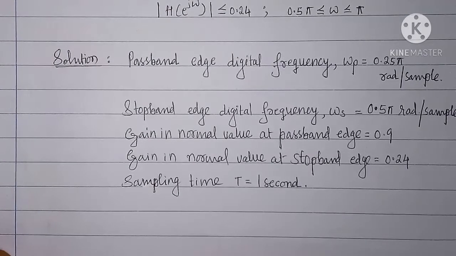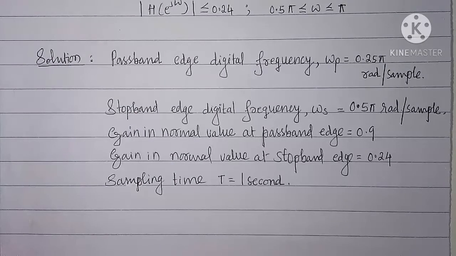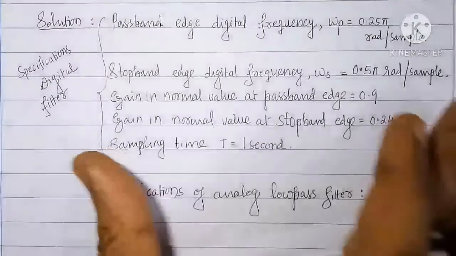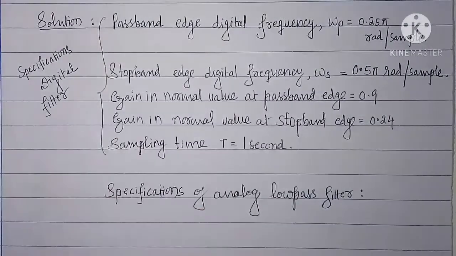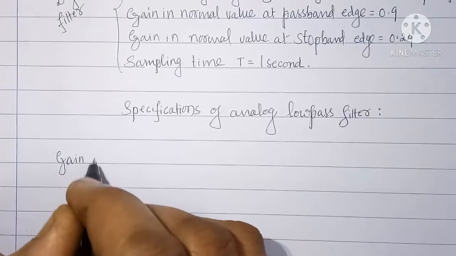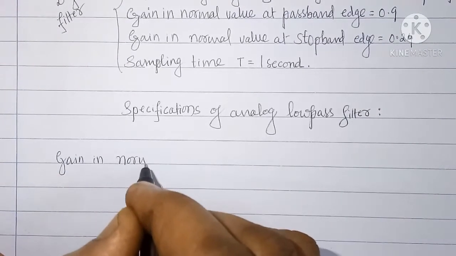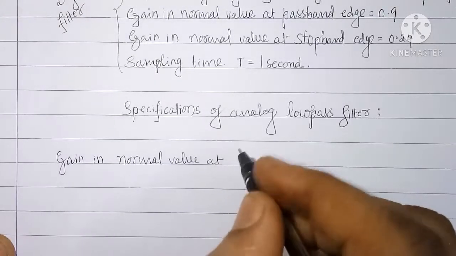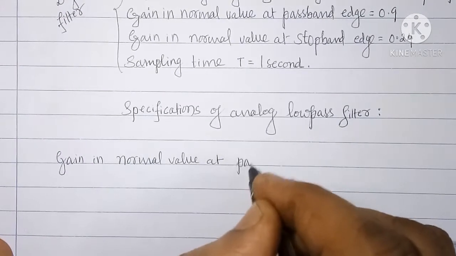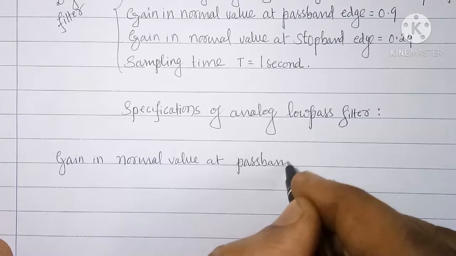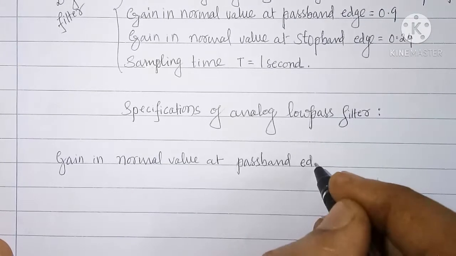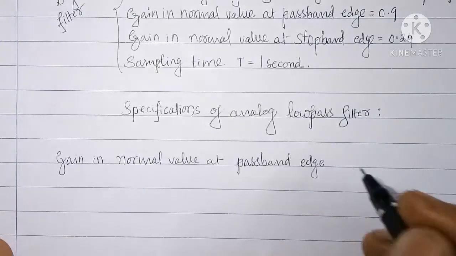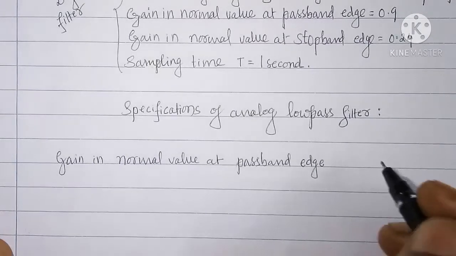Next we will write the specifications of analog low pass filter. These are specifications of digital filter. Gain in normal value at passband edge. This value won't change for digital and analog filter. Similarly, gain in normal value at stop band edge will also not change.